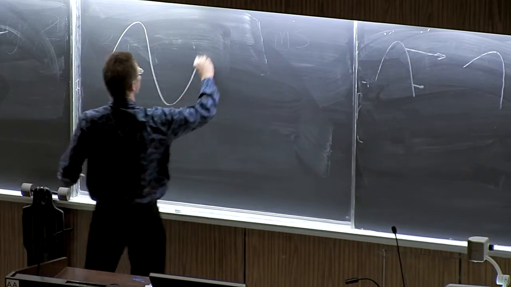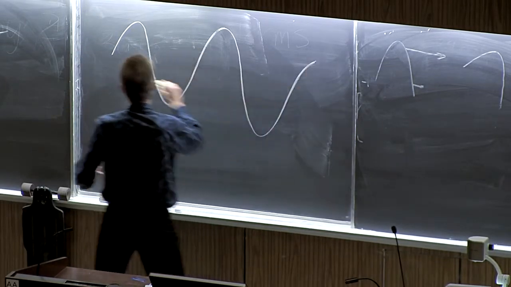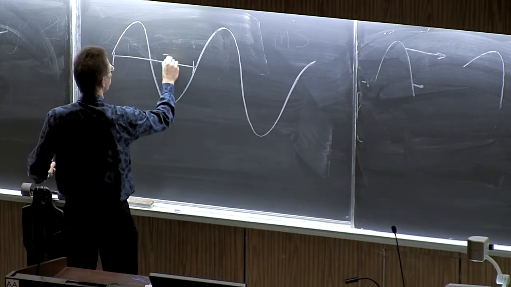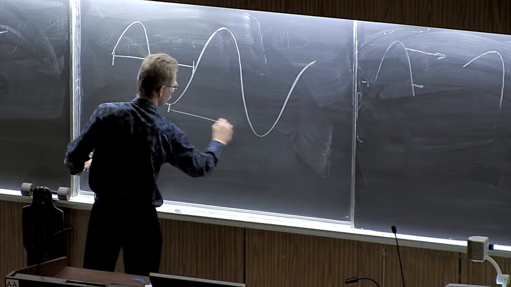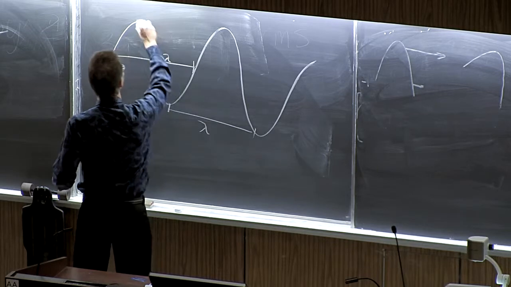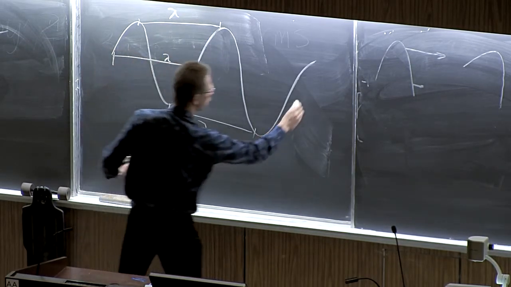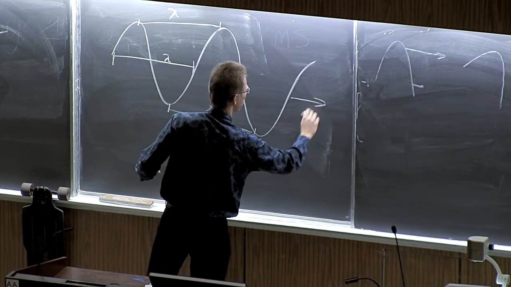So if we have a sine wave, for example, then this one would be a lambda, or this one would be a lambda, or this one would be a lambda, where this is distance x.